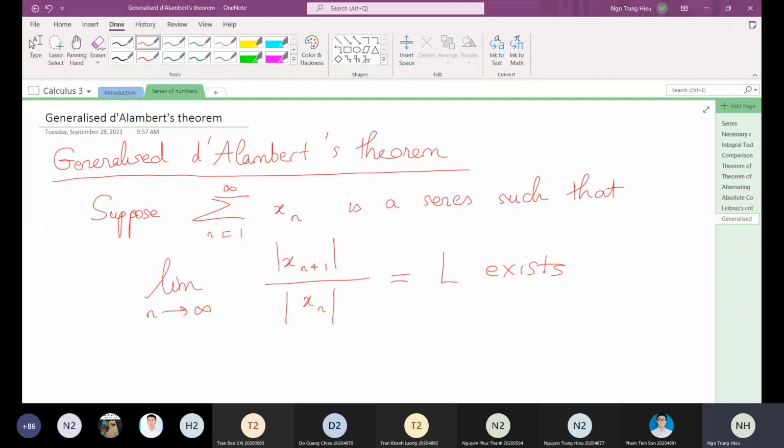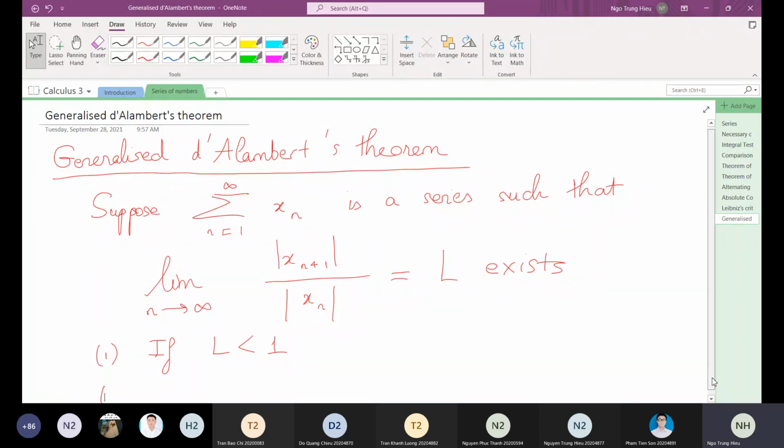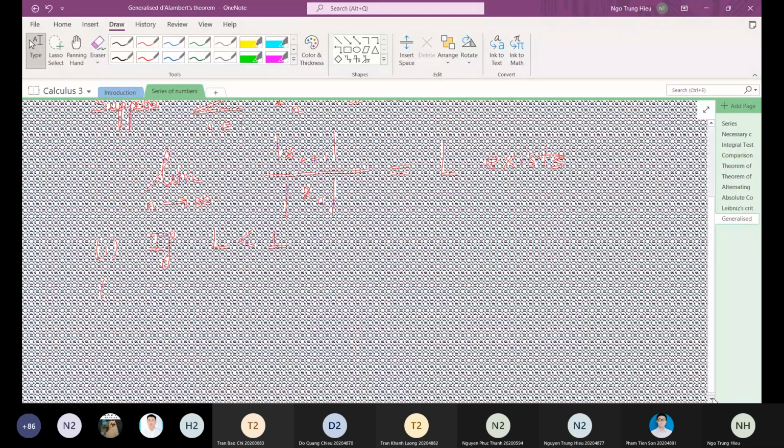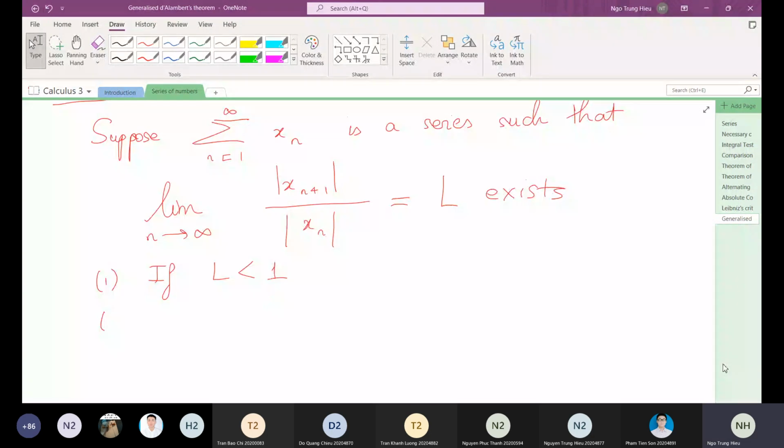We consider three cases, right? One, if L is less than 1, right? Two, if L is greater than 1, and 3, if L is equal to 1, right?